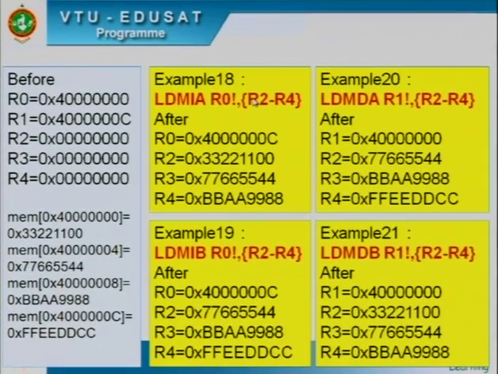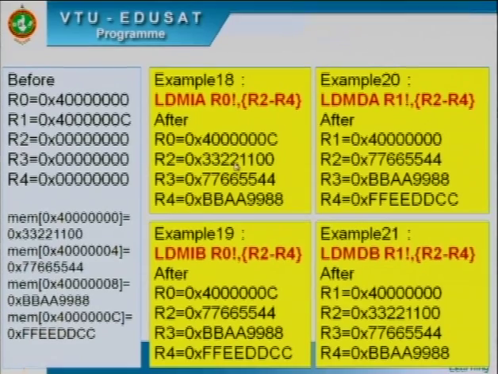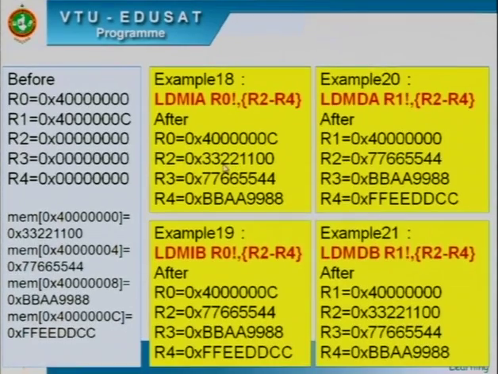Then R0 is updated to the next memory location, and that value gets copied to R3. Again R0 is incremented, and that memory location's content is copied to R4. So 3 registers get a value in a single instruction. This gets the value from the memory location in the RAM, and that memory location address is pointed to by R0. Hope this instruction is clear.